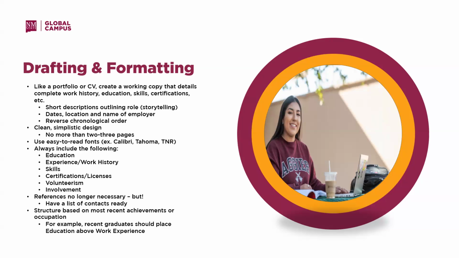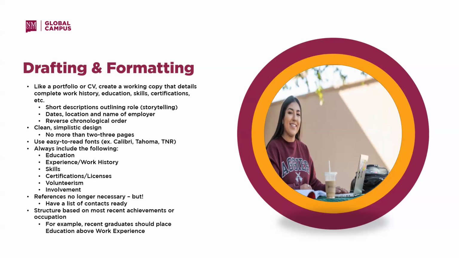Think about the structure based on your most recent achievements and occupations. For example, if you've graduated or recently received a degree, you're going to want to put your education near the top of your resume. Sometimes people put skills or certifications near the top, depending on their relevancy to the role they're applying for, and when they received those things.